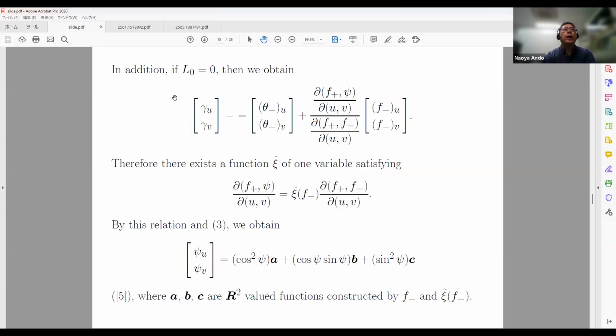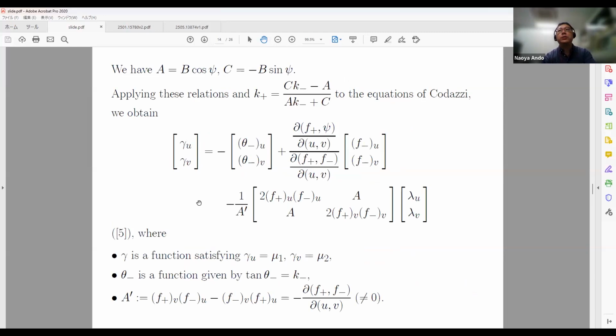In addition, if L0 is equal to 0, then we obtain this relation, because if L0 is equal to 0, then the surface is flat. So the function lambda, this function, is used in the definition of the induced metric of the surface.